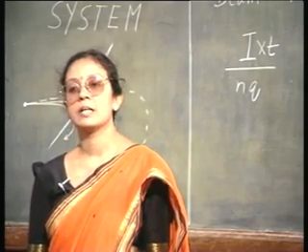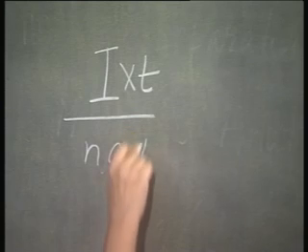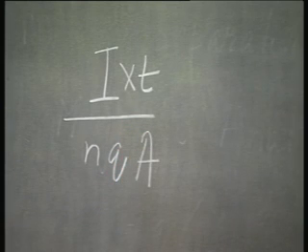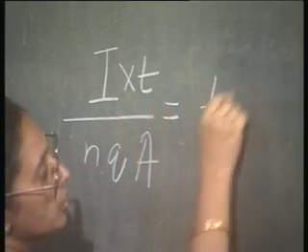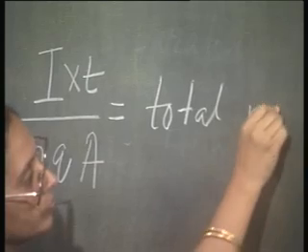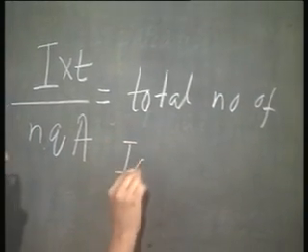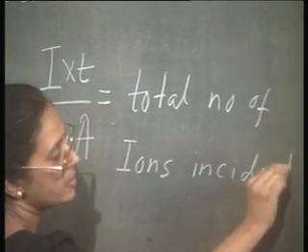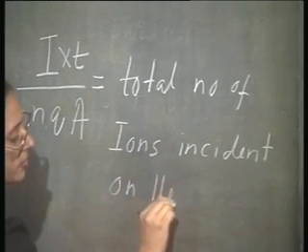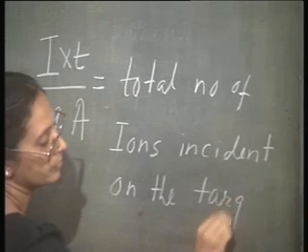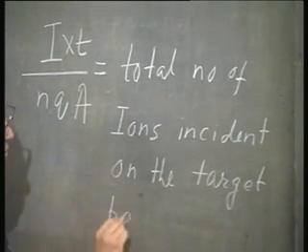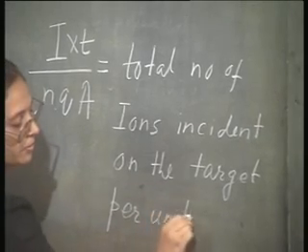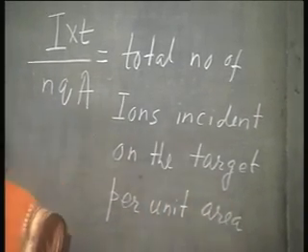And if the target area is capital A, then I times t divided by n times q times A is equal to the total number of ions incident on the target per unit area.